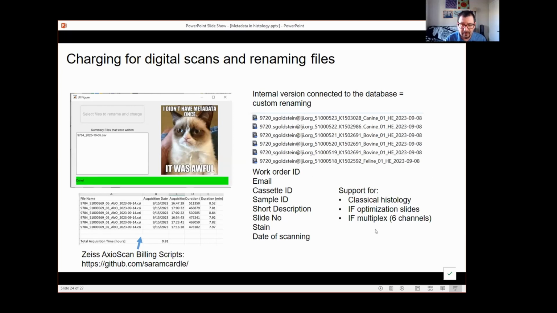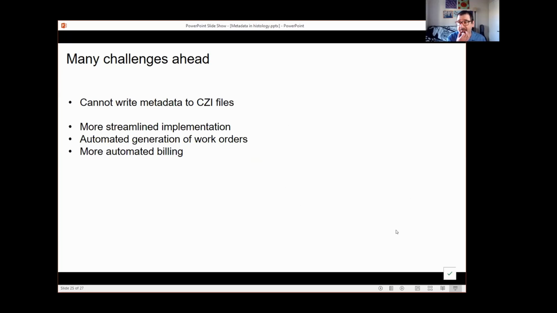And this workflow also supports IF optimization slides that we're doing quite a bit, that have different needs for labeling, and IF multiplex up to 6 channels. Now, there's a gazillion things that still need to be solved. Our biggest problem is that we cannot actually manipulate the metadata in the CZI files.